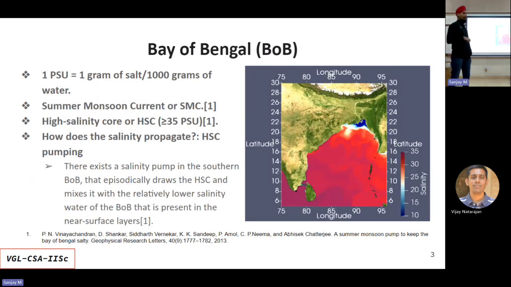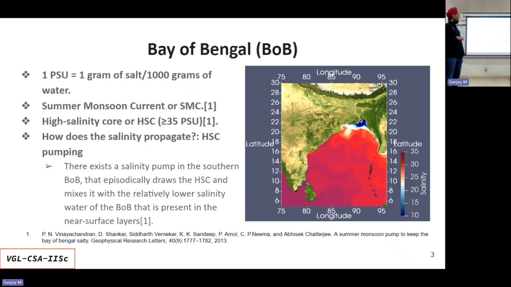In oceanography, we consider salinity in PSUs, which is just 1 gram of salt in 1,000 grams of water. The Bay of Bengal actually has a lot of fresh water coming in from all the river systems it has, and the average salinity of the Bay of Bengal still remains the same. We can see here on a plot that the salinity values near the coast of Bengal are low.